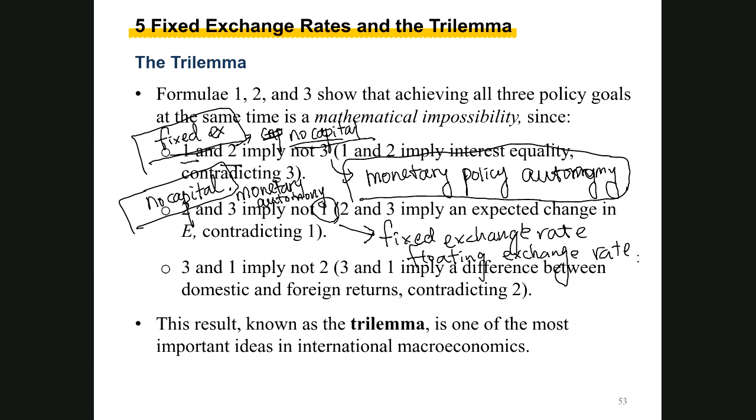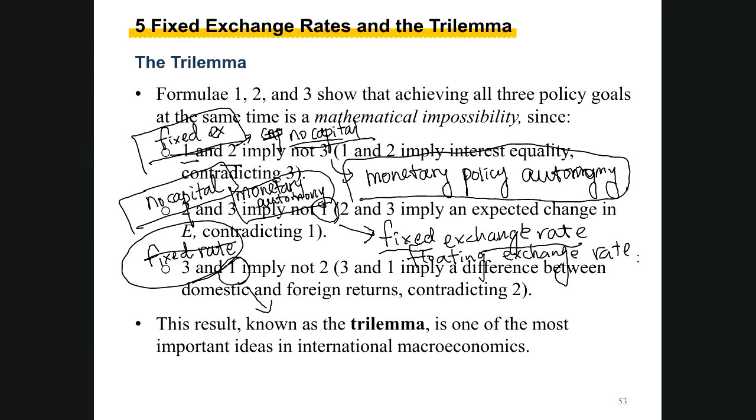And you also want to hold your monetary autonomy. You want to have the autonomous right over your monetary policy. You want to be able to control the interest rate. You have to give up the fixed exchange rate. Okay. Lastly, if you believe in the fixed exchange rate, and 3 is what?